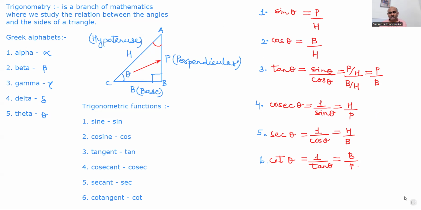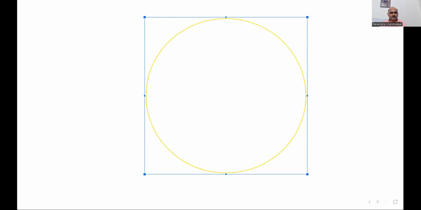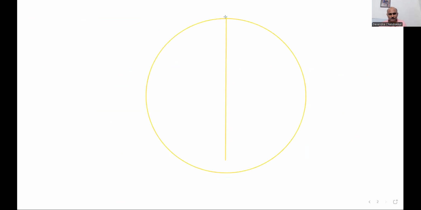So we are done with this now. Let's go to the quadrants of the circle. So these are the four quadrants of the circle.